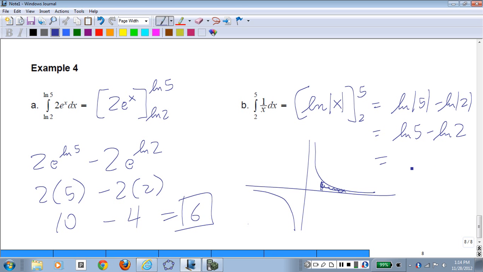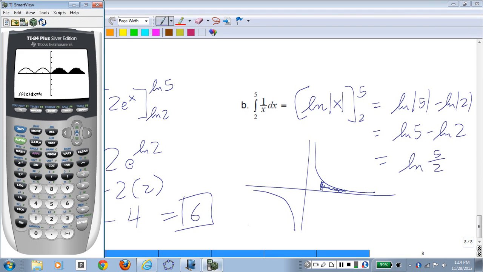If we wanted, I suppose we could say the natural log of 5 halves. Or maybe just punch it up on a calculator. So a couple of ways we could do this. We could say the natural log of 5, close the parentheses, minus the natural log of 2, and get 0.91629 something.